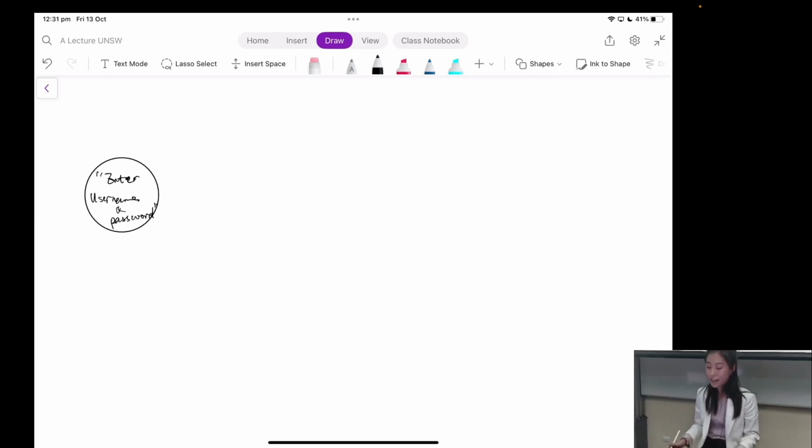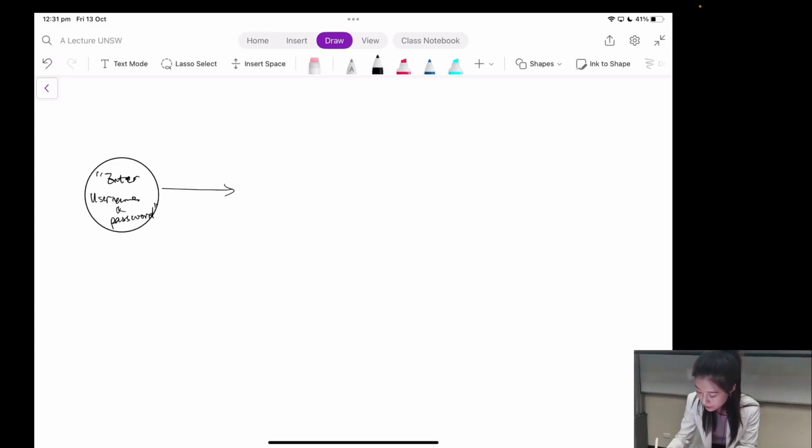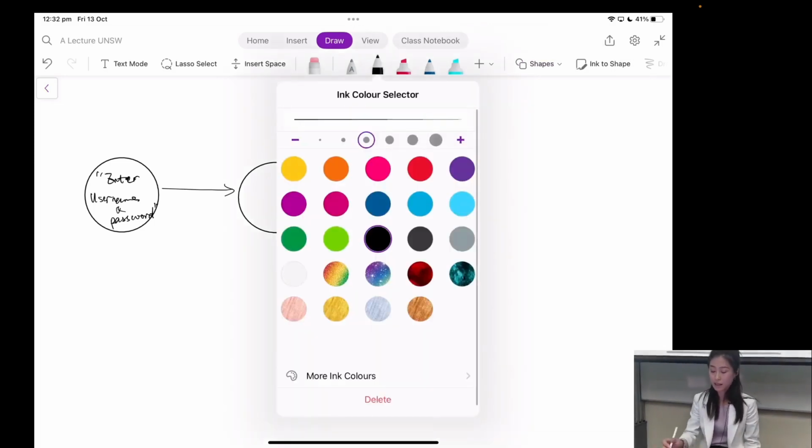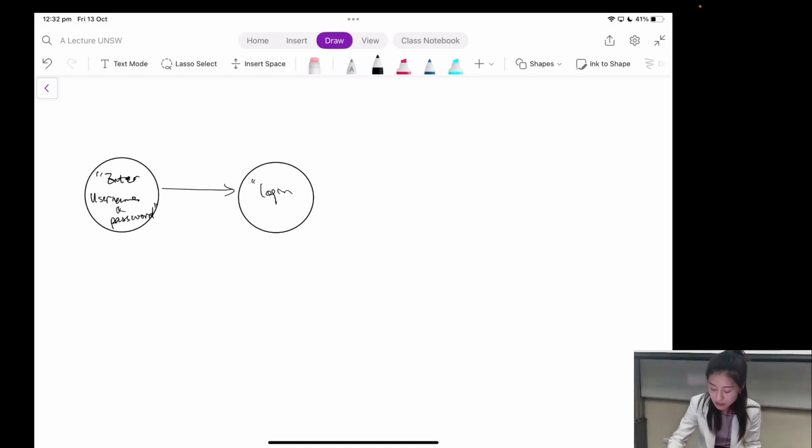Okay, and then a user puts in their username and the password, and it will trigger another event. What could this event be? Confirmed. Quite straightforward. Like they put in the correct username and the correct password, and then they just logged in successfully.